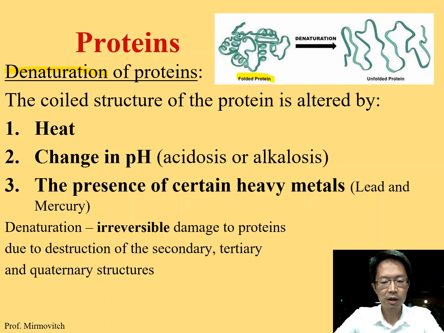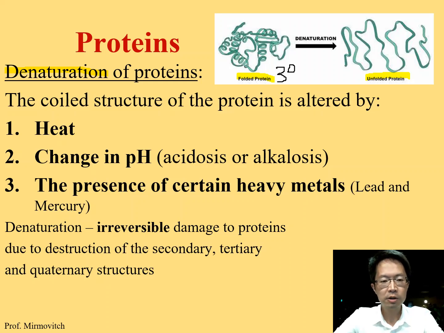Do you know what level? Let me give you 5 seconds to think about this. Okay, this is a tertiary structure. After denaturation, the tertiary structure can become a primary structure.